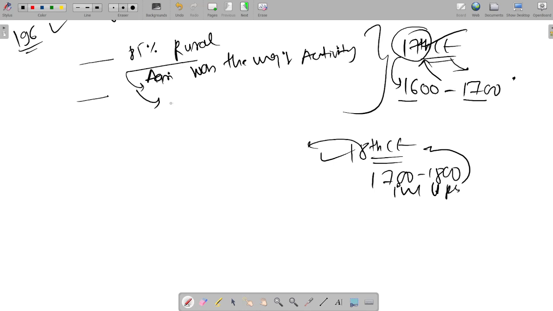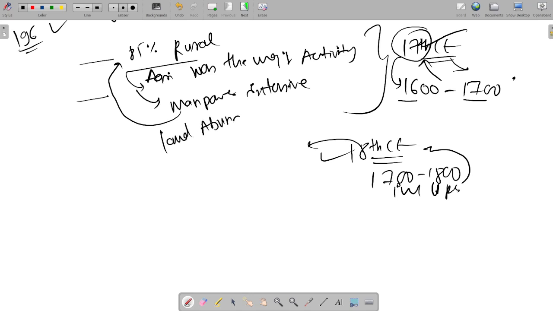Agriculture was manpower extensive. This was the major factor contributing to 85% of the population living in rural areas, because in rural areas land was abundant to do agriculture.